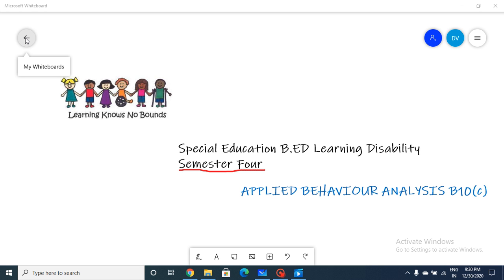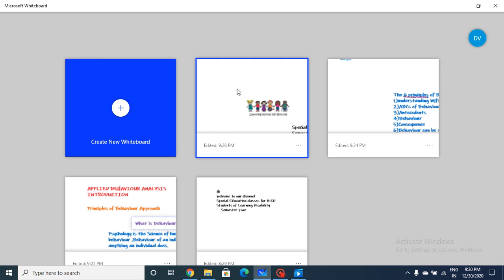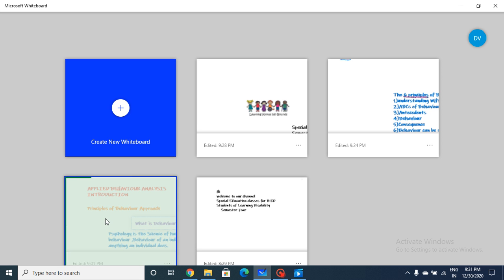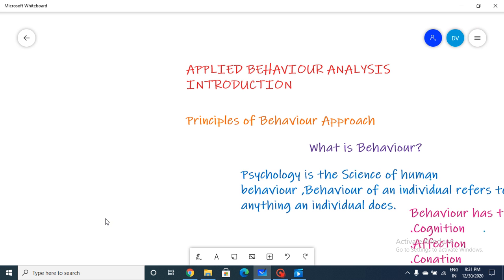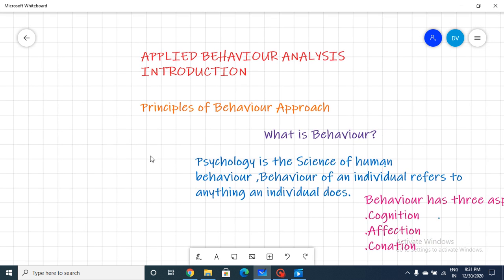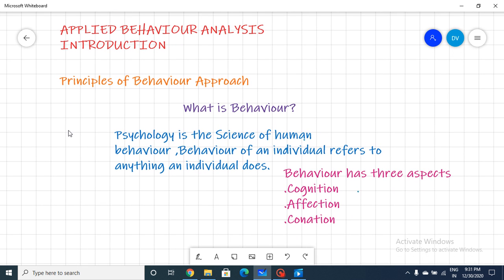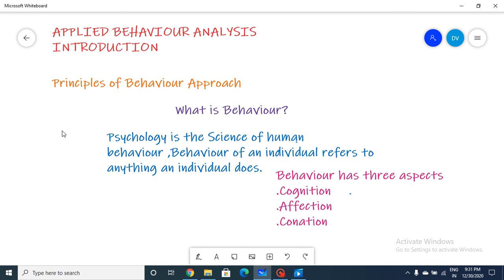So here, let's start. Applied behavior analysis. The first topic in this paper is the principles of behavioral approach. Before we begin with principles of behavioral approach, we need to learn what behavior is.